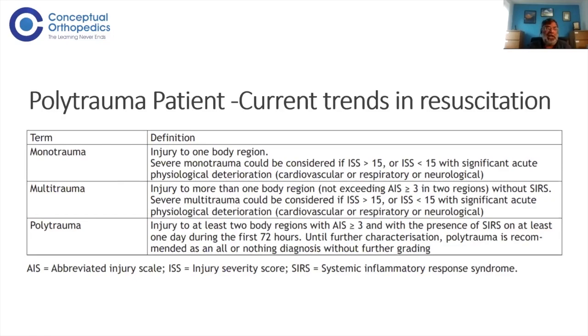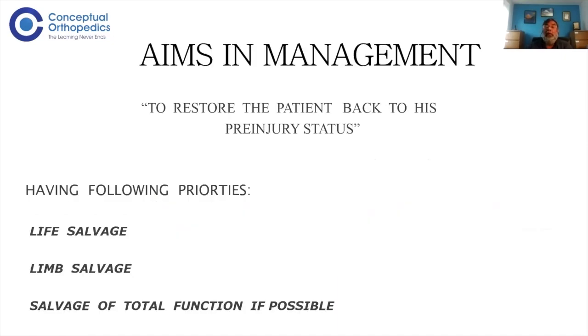The minimum anybody would accept is an injury severity score of 15 or above, causing significant physiological alteration in the patient, and that is the injury we define as polytrauma.